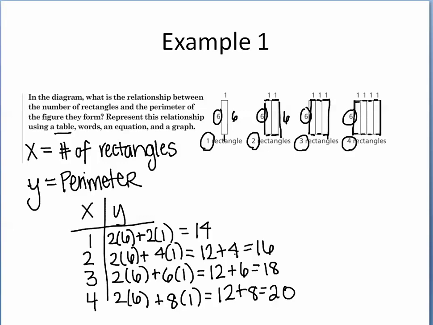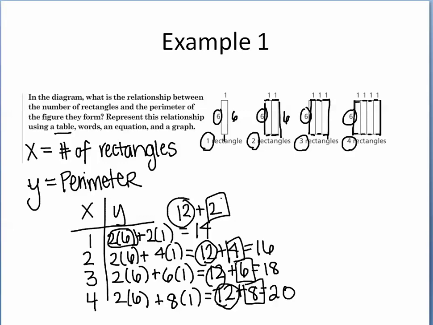Let's look at it in words. What's happening? Okay. Well, let's just compare these. All of these have 12, right? 14 gave us 12 plus 2. So it's like the 12 never changed. It's always a 12. So then compare the 2, 4, 6, and 8. How do those numbers relate to the 1, 2, 3, and 4? Well, they're double.